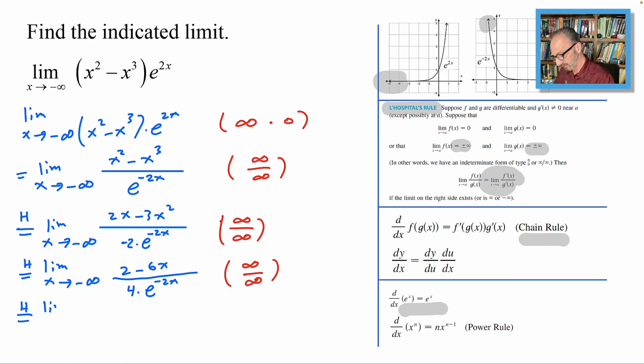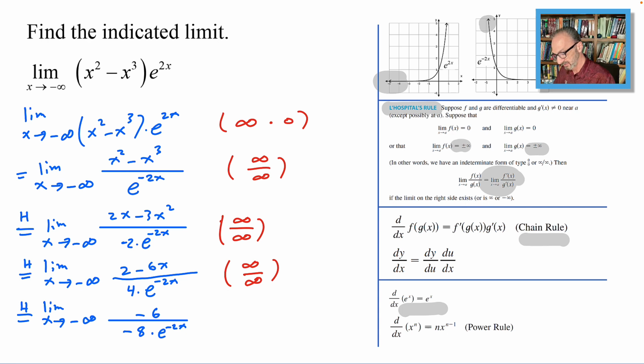Limit as x approaches negative infinity, the derivative of the top part is minus 6, and down it's the same thing, but the negative 2 is going to show up front again using the chain rule, and that's going to give me minus 8 times e to the power minus 2x.